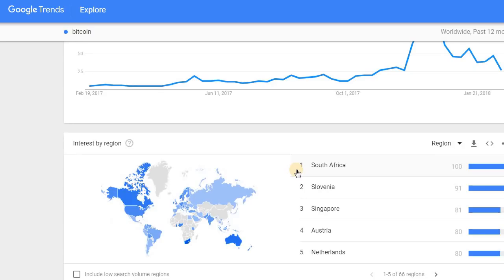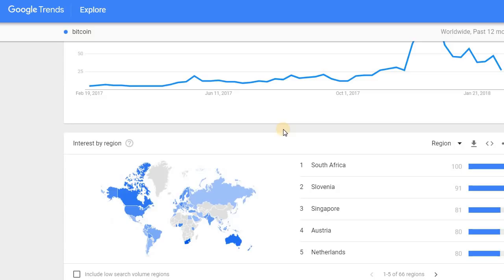I think the president of South Africa is resigning. There's some weird news coming out of it, so I don't want to comment on it right now. People are putting a lot of money into cryptocurrency because they know the value of the South African currency is depreciating. So how do you protect that, right?